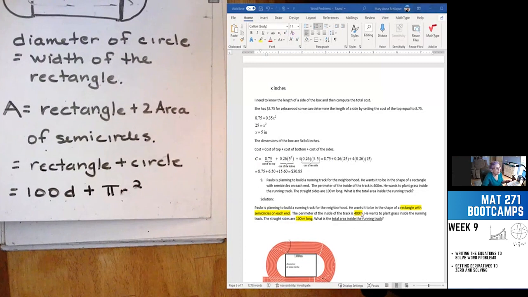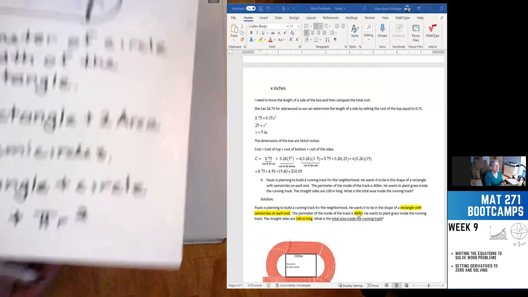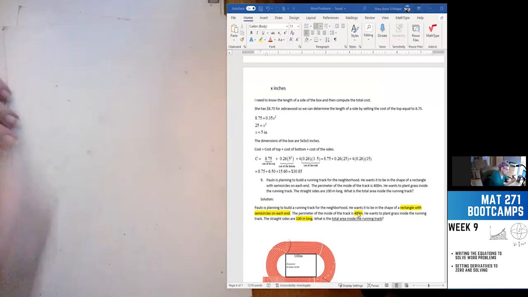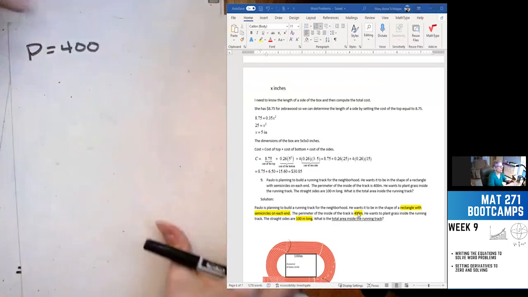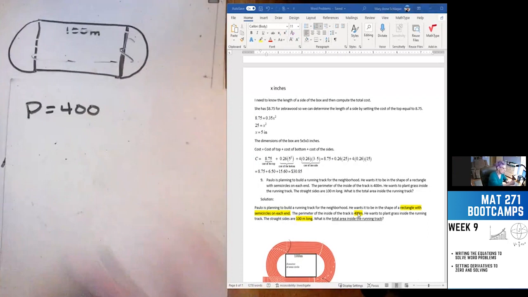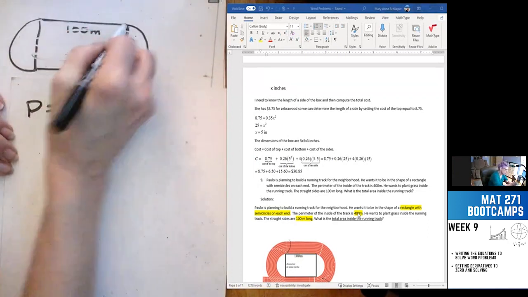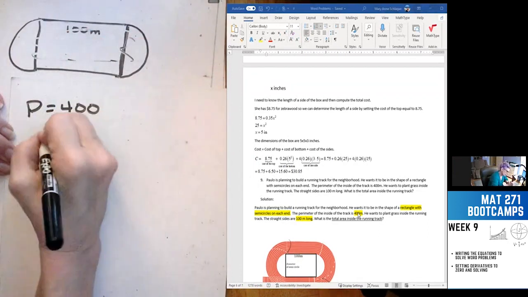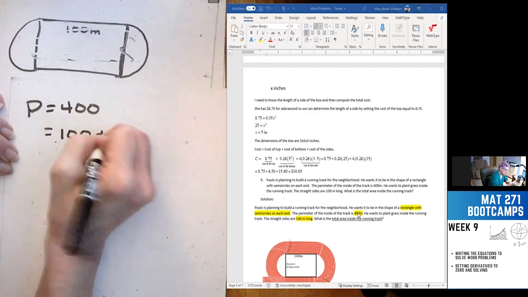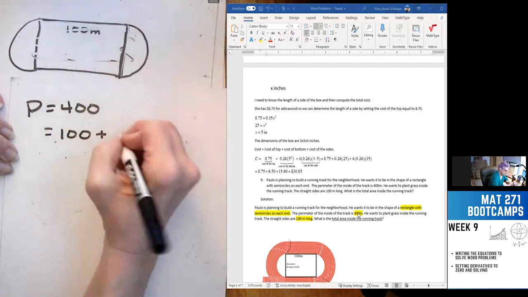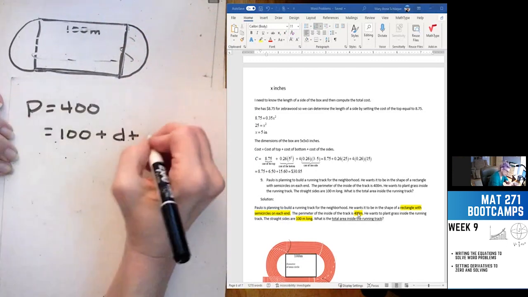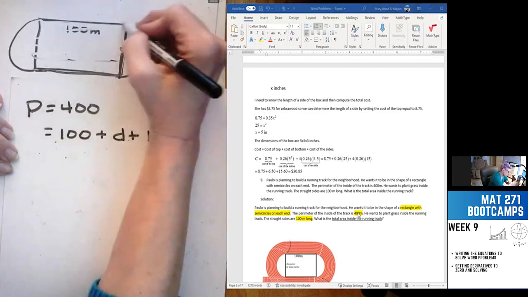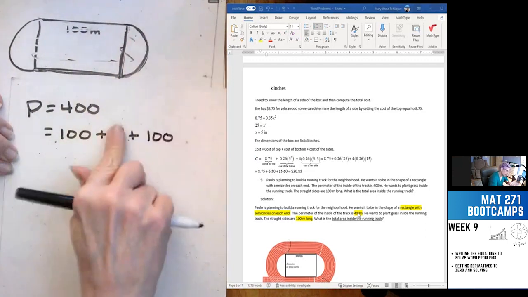We do know that the perimeter of the inside of the track is 400 meters. So perimeter equals 400. So if we take 100 plus, actually, not a diameter. We want to go around here.